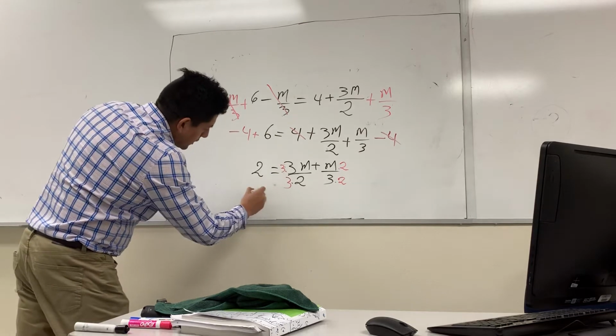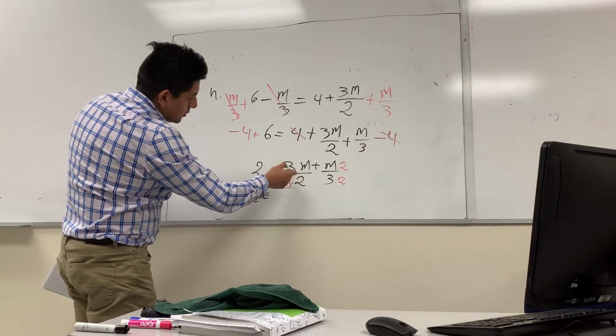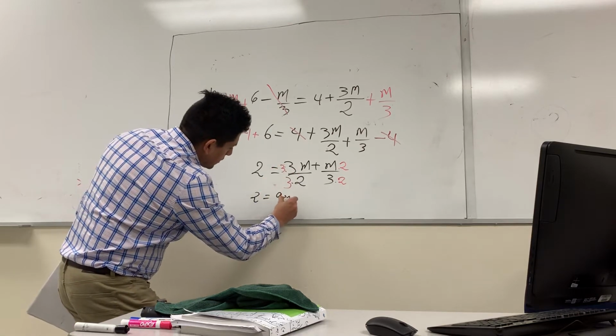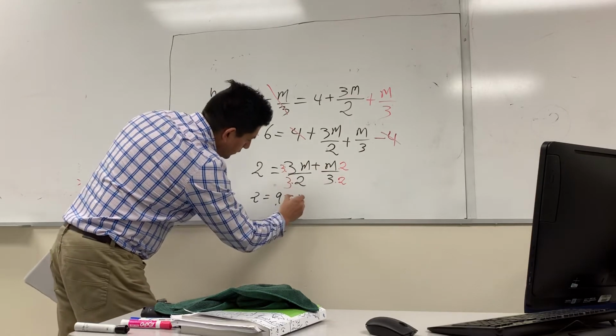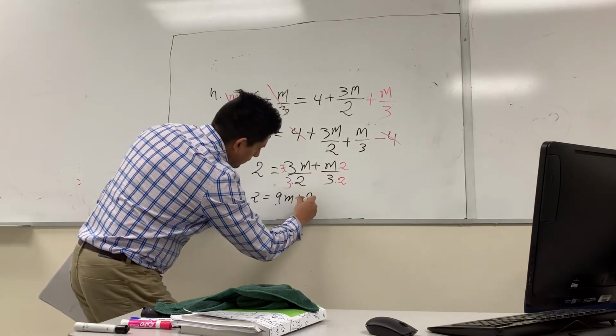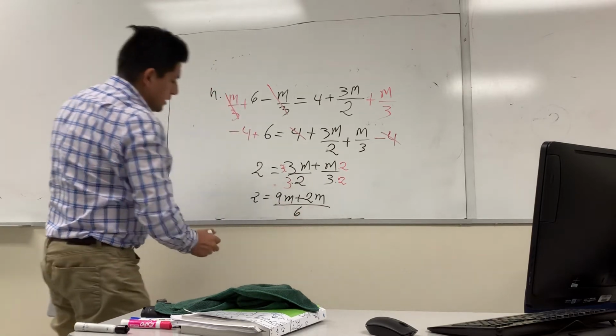So 2 will become equal to 9m, and then this other one will become 2m, and the common denominator is 6.